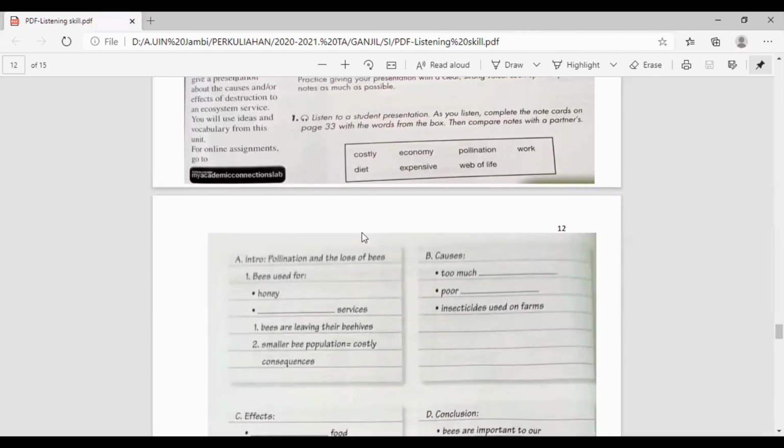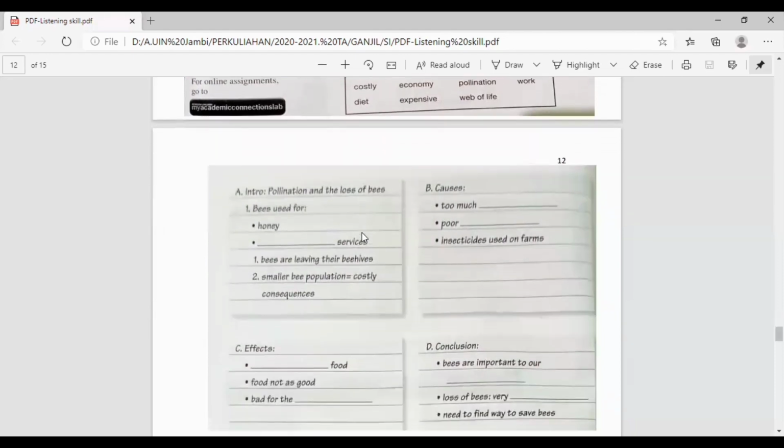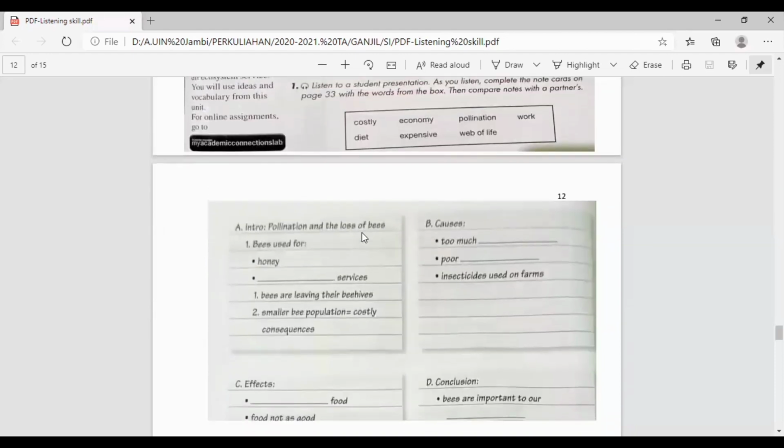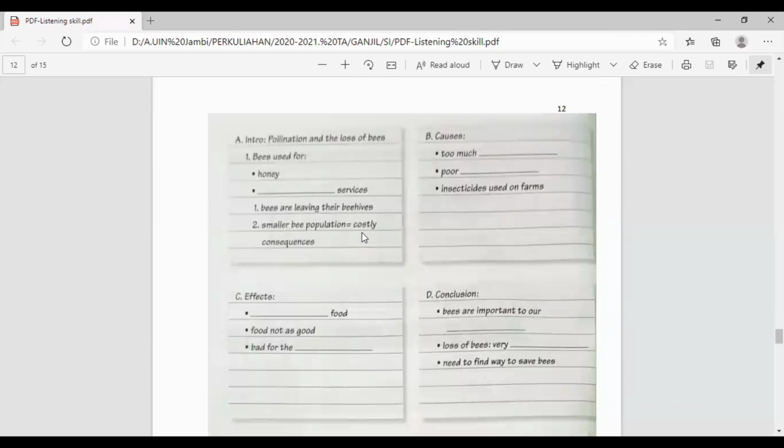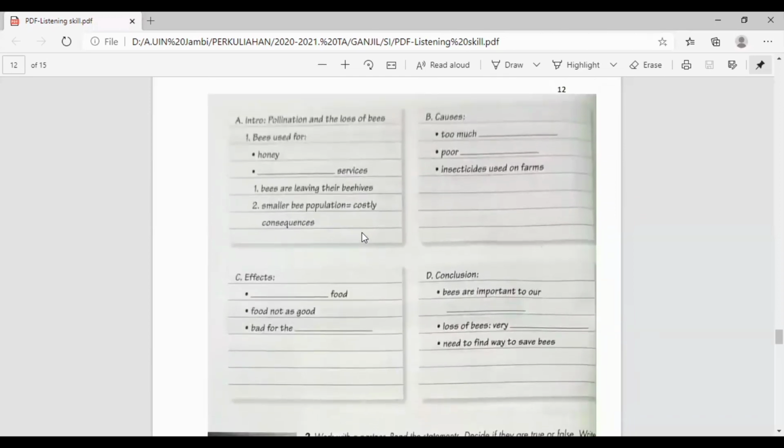As an example, let's listen to a student presentation. And as you listen, complete the note cards on the next page with the words from the box. Then compare notes with partners. This one is the notes from the student.